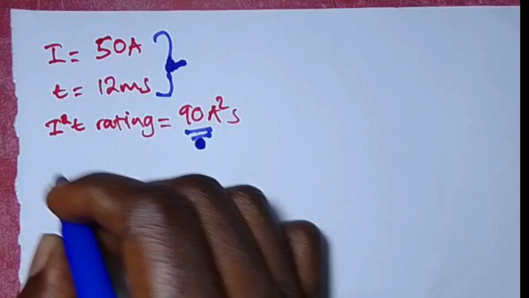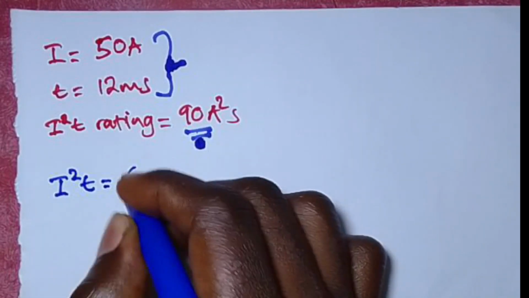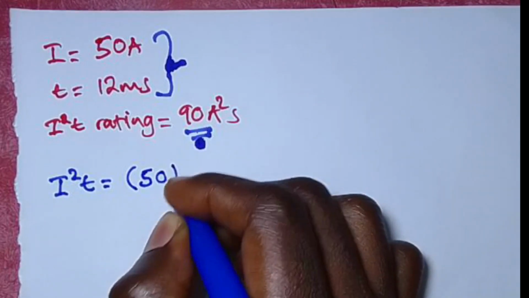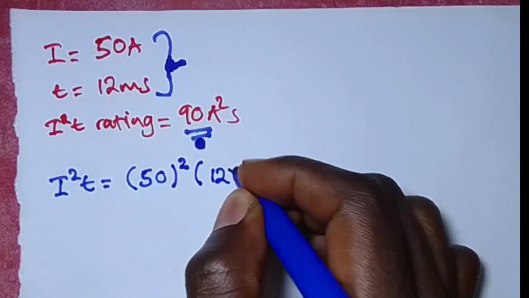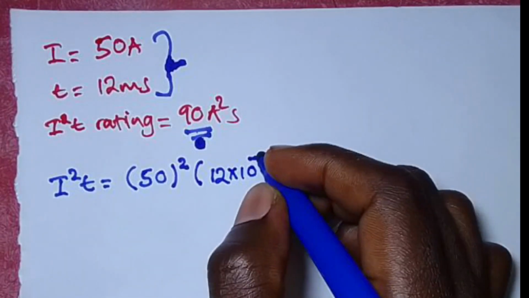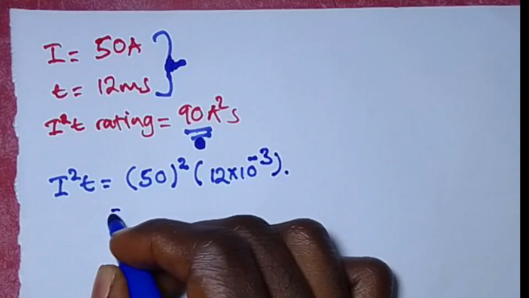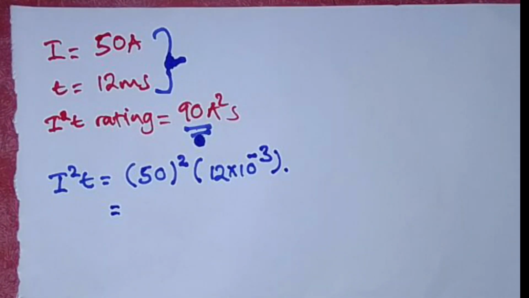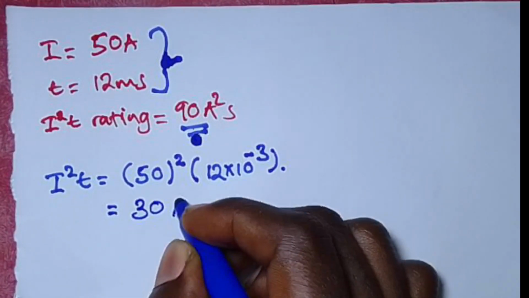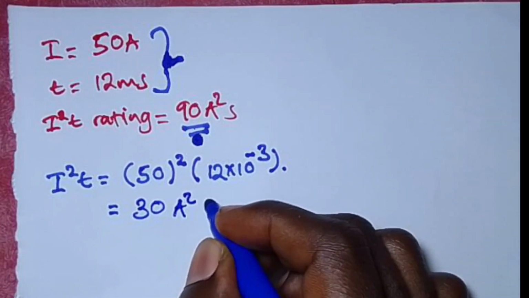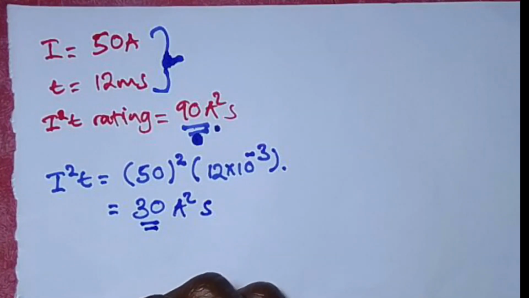For example, I squared t is equal to our current, which is 50 squared, times our time, which is 12 exponent negative 3. Putting this into the calculator is going to give us 30 amps squared second. And this value here is small compared to that value there.